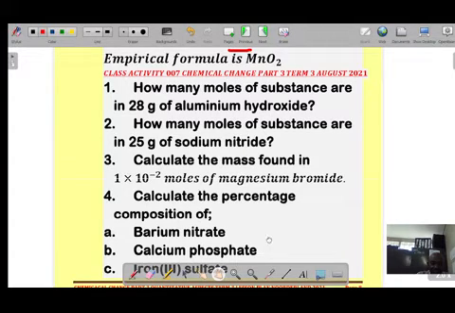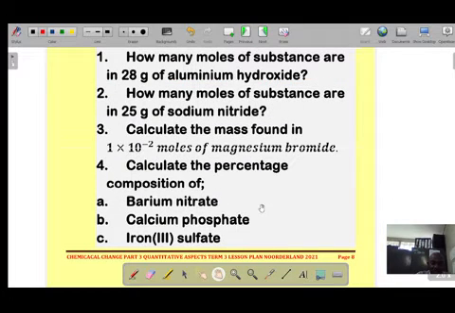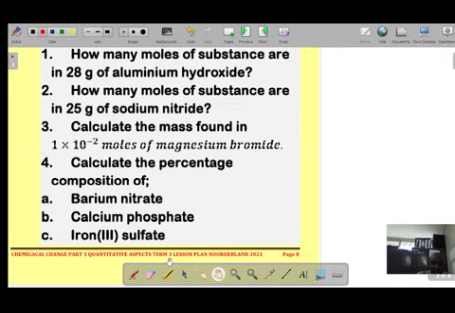Which one should we do here? This is barium nitrate. Now to make this one simple for you, I'm just going to give you the formulas. Barium nitrate is Ba. Okay, so barium is which group?